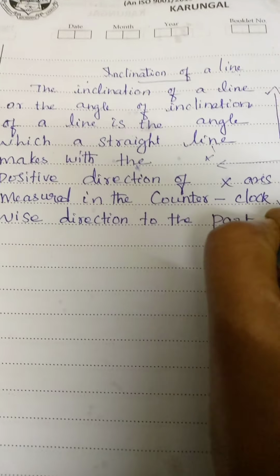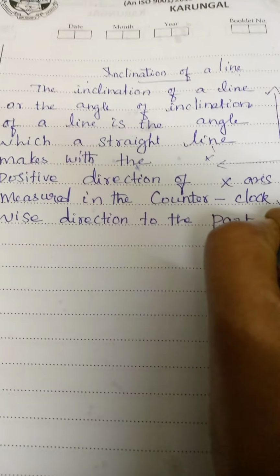The first one is the inclination of x-axis and every line parallel to x-axis is 0.